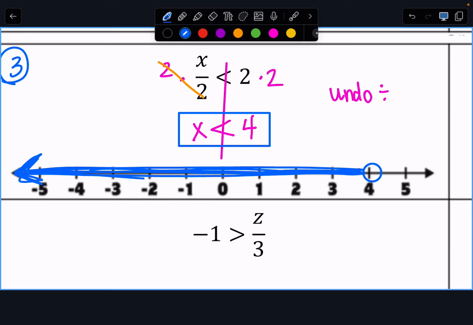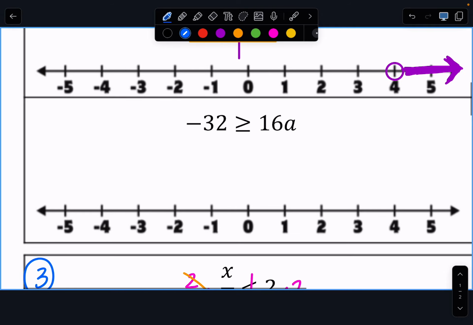Now, why did I skip number 2? It's not hard. The variable's on our right side. That just gives us an extra step. Landon said something about negative 2. Kaylee, how did he get negative 2?